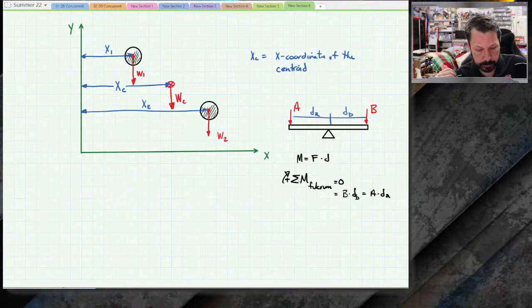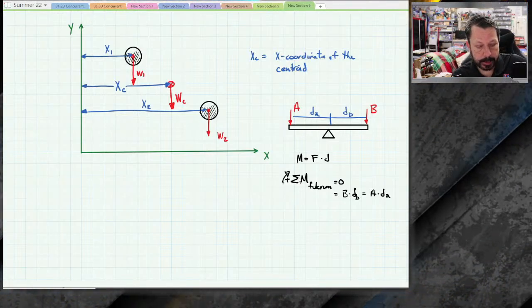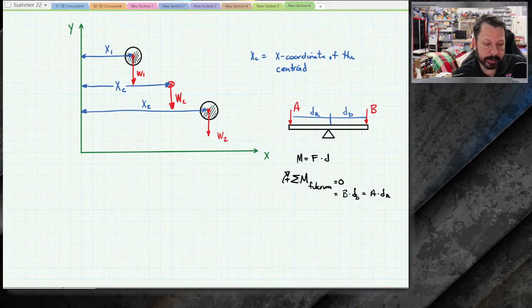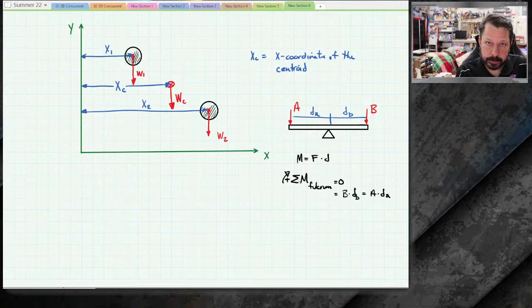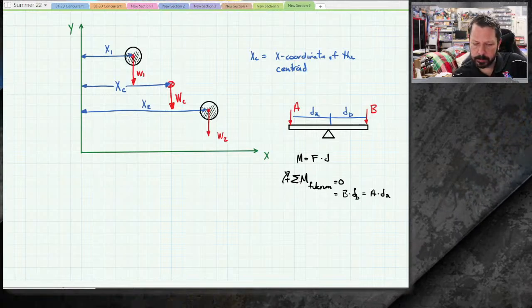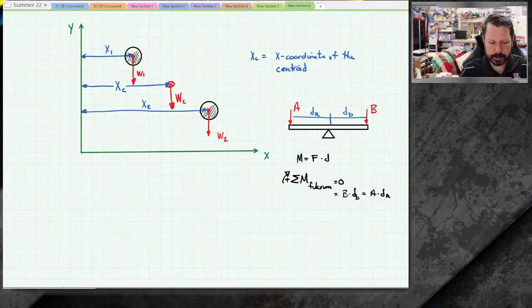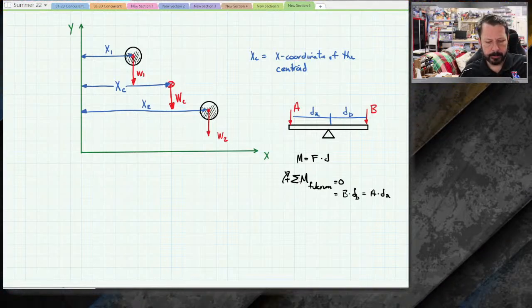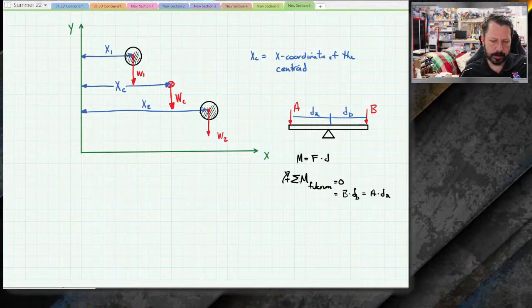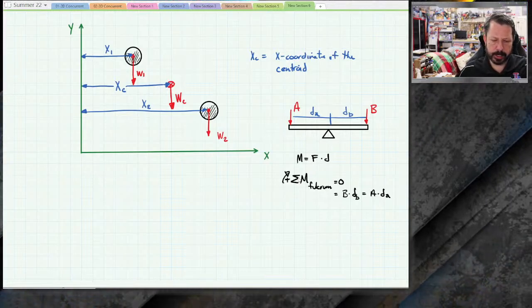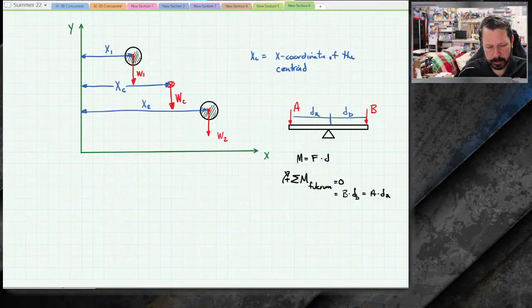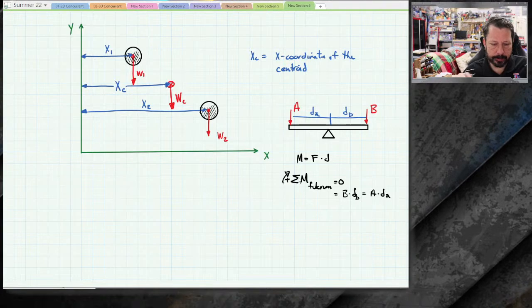with these little spheres, because each one of them has a weight associated with it, and they have a distance from my reference. Now, it might look a little weird because I've drawn this in 2D. If I thought about the weights creating a moment about the y-axis, is it clockwise or counterclockwise? Which way is it going?